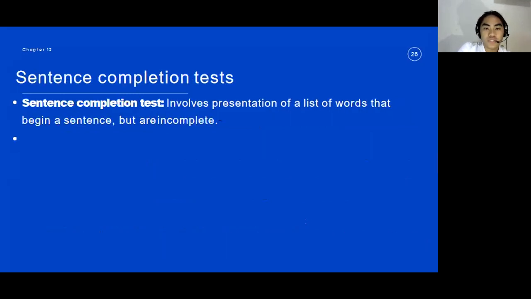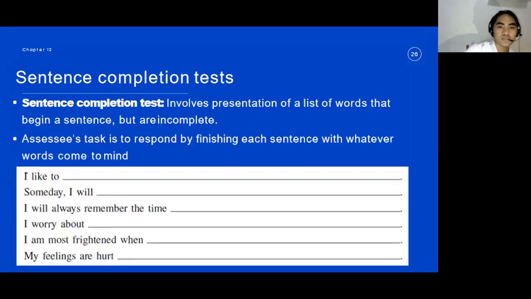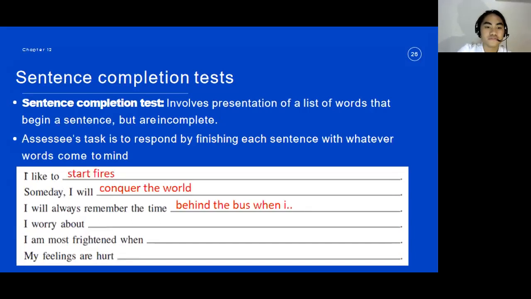So the sentence completion test involves presentation of a list of words that begin a sentence but are incomplete. The assessee's task is to respond by finishing each sentence with whatever words come to mind. You can do this verbally, but it's often better done in paper and pencil so that they can actually fill it out themselves.